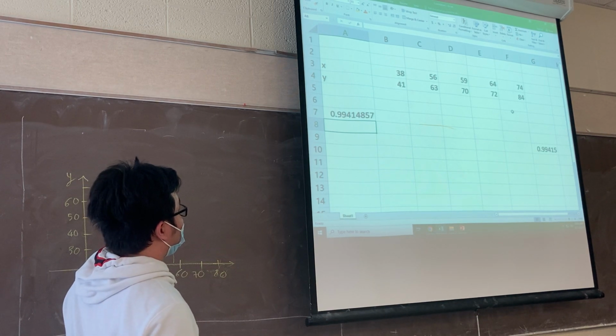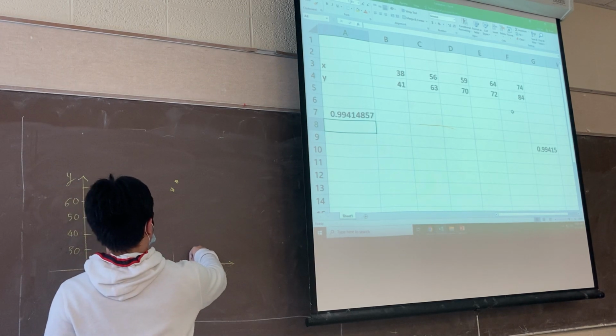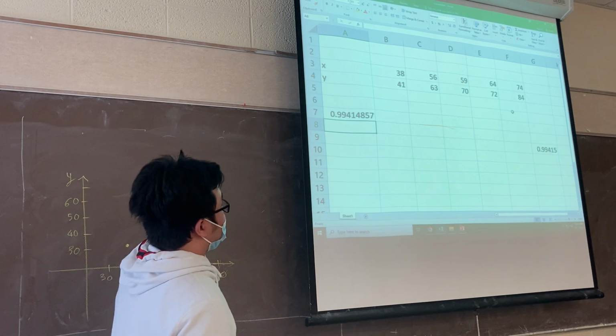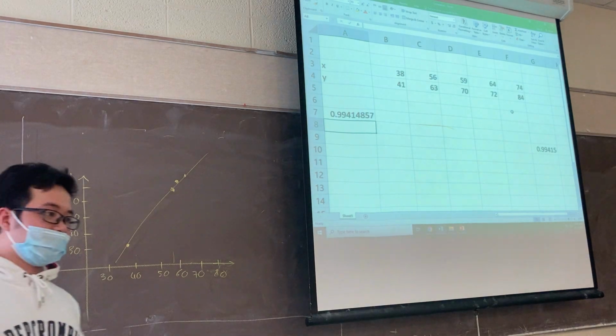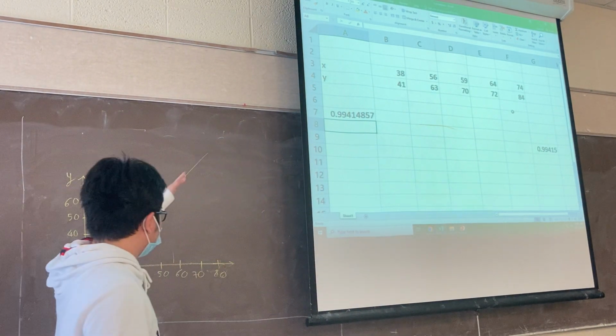And 64, 72, like this. And you can see this is the line. This will have a strong linear approximation, or strong linear pattern.